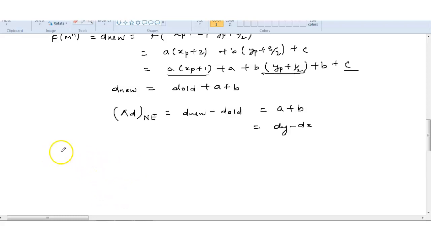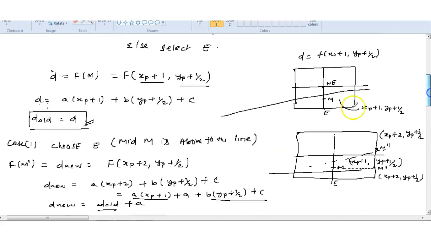Now we'll see the initial condition, then the initial parameter. In d start, we can write f of x naught, because consider this point is x naught, y naught here.